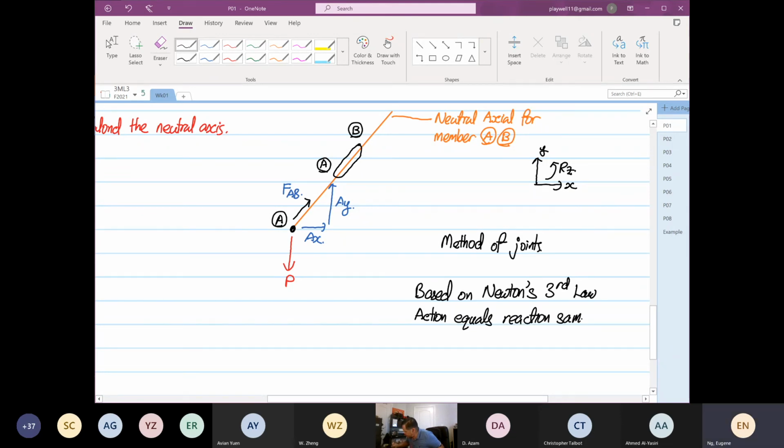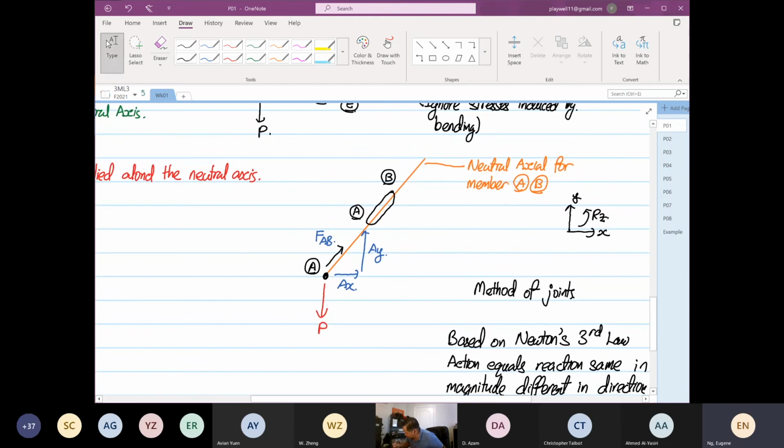Same in magnitude. Okay, different in direction. Okay. So action equals reaction, so i.e. the structure is under what? I draw the opposite direction because action equal to reaction, same in magnitude, different in direction.